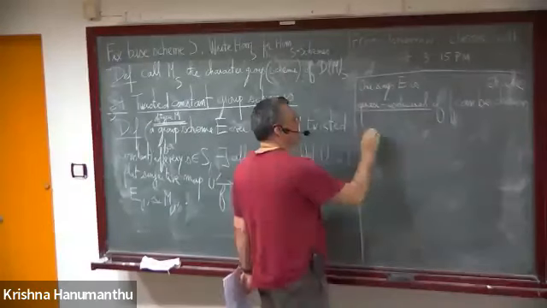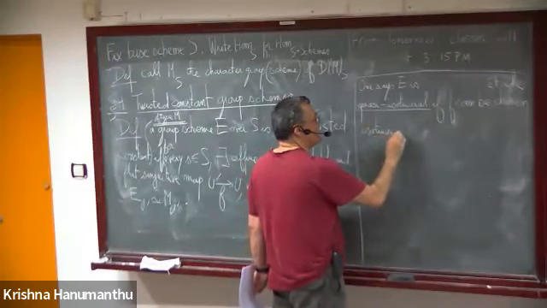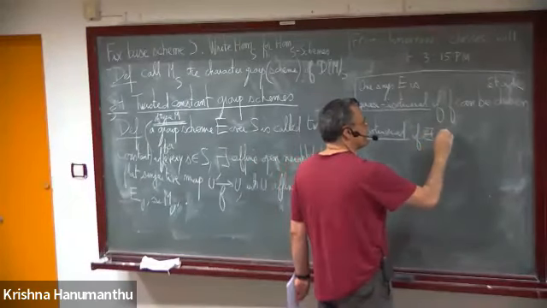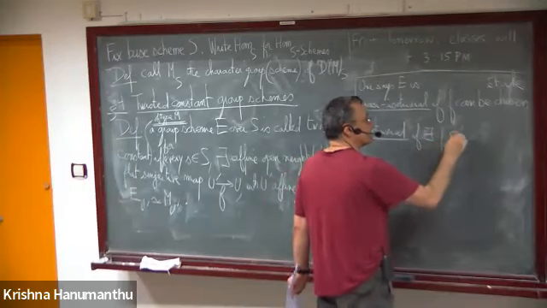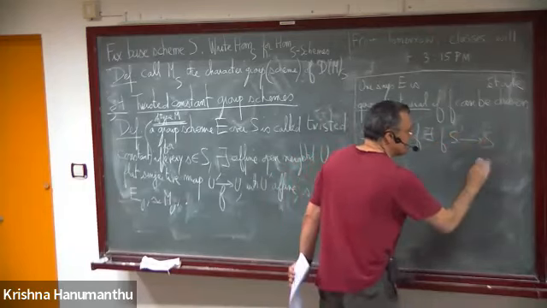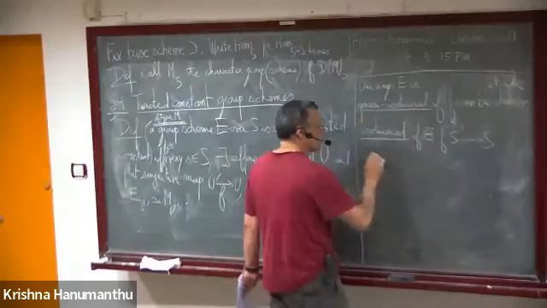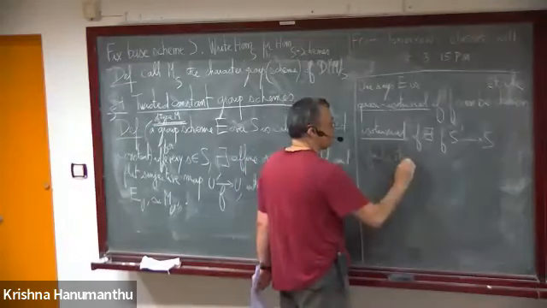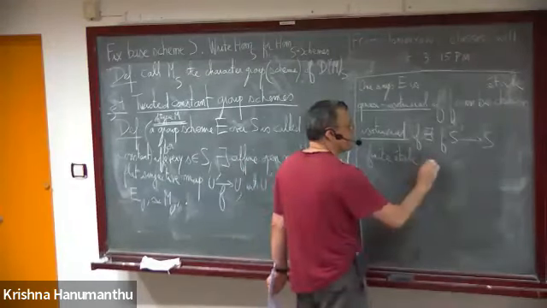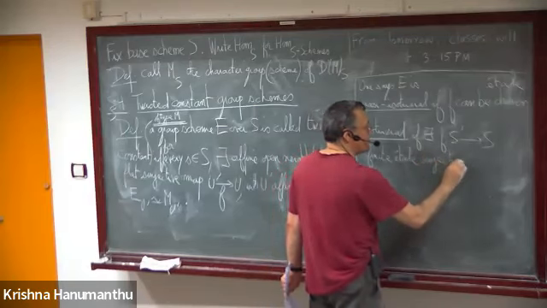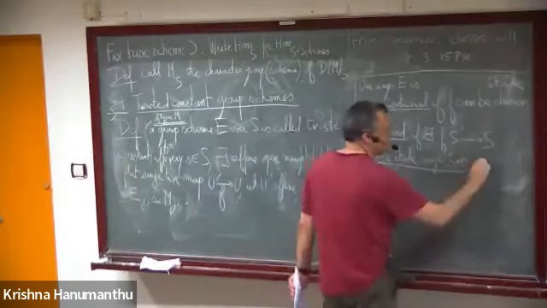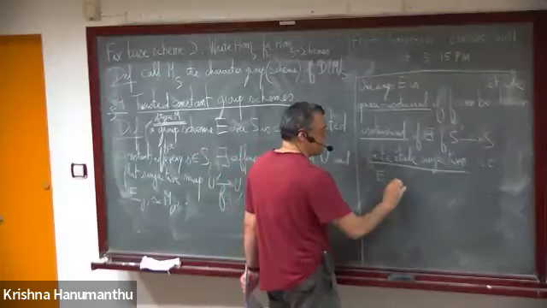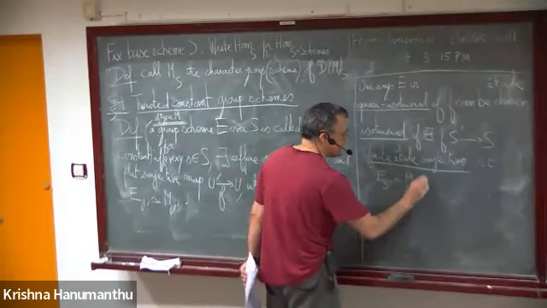Let's call it isotrivial if there exists a global map from some S prime to S, which is finite etale surjective, such that E lifted to S prime is constant.